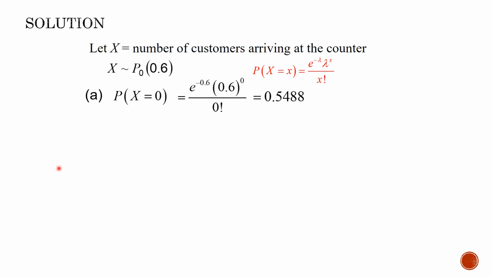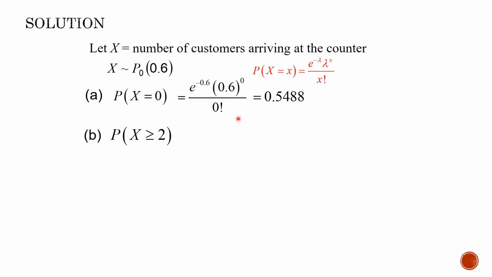Now, let's look at the second question. At least 2 customers arriving at the counter in a period of 1 minute. How do we write? P(X ≥ 2), because the question says at least 2 customers arriving.